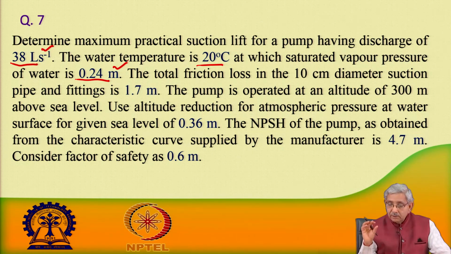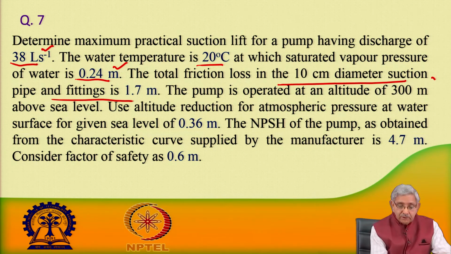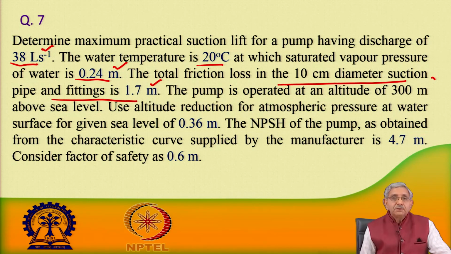Total friction loss in the 10 centimeter diameter suction pipe and fittings is 1.7 meter. So, this data is also available: the frictional loss in the pipeline plus fittings is equal to 1.7 meter.